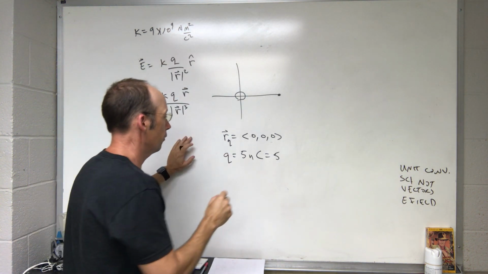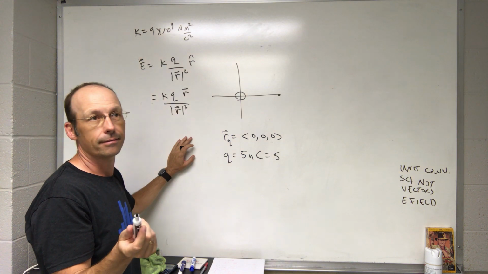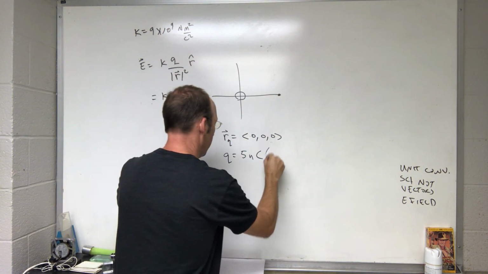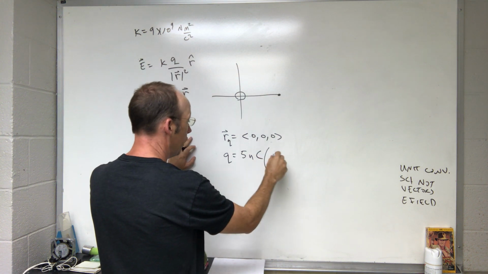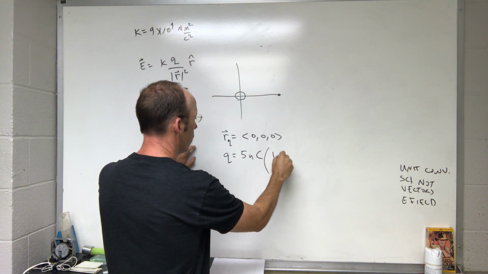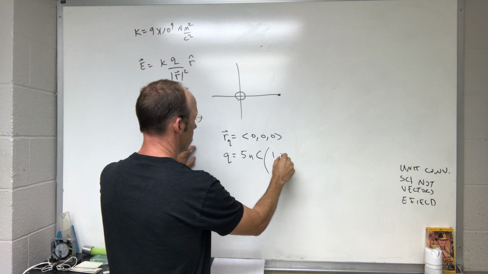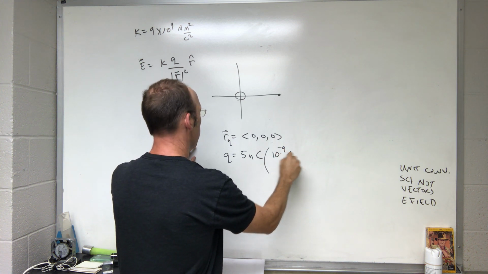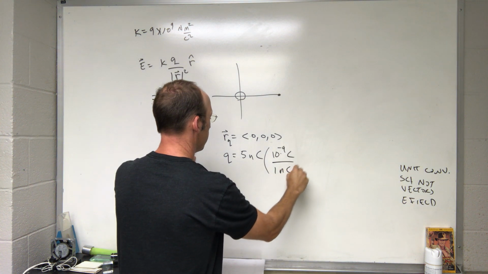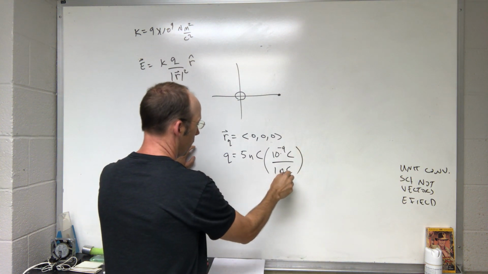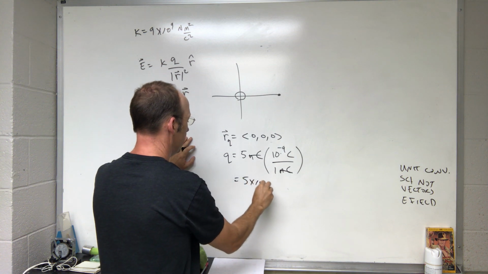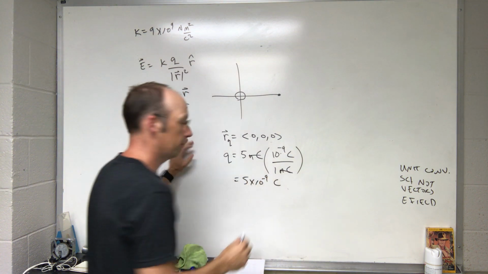I should do the unit conversion. I know that 10 to the negative 9th coulombs is 1 nanocoulomb, so these cancel, and I get Q is 5 times 10 to the negative 9th coulombs.